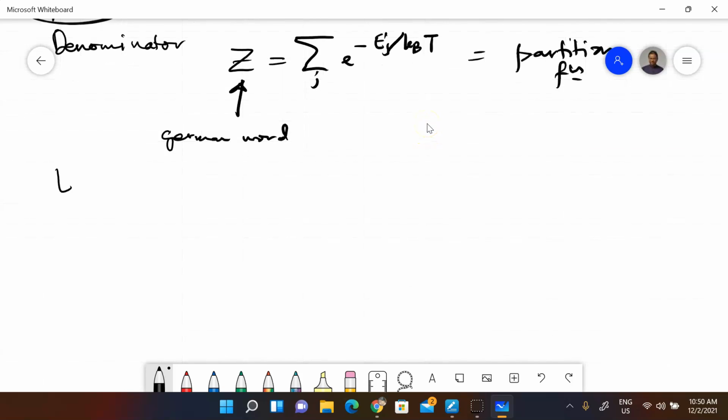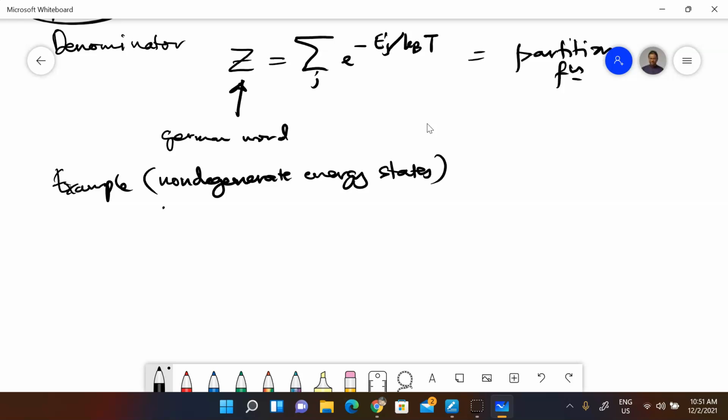So for the example here, again I emphasize non-degenerate energy states. Let's suppose I have 3 different energy levels. E1 equals 0, that's the ground state. E2 equals something like 1.4 times 10 to the minus 23 joules.